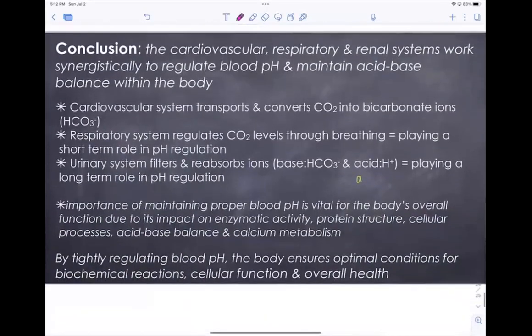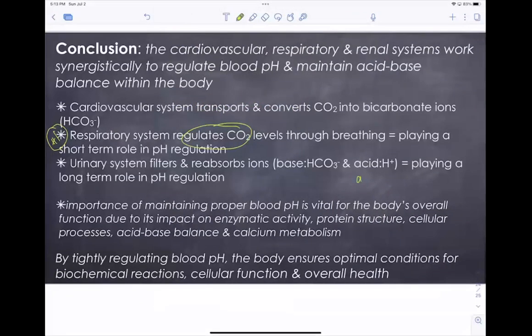So when you're wrapping this all up, in conclusion, it's important to understand these three systems are working together. The respiratory system, I would say, is kind of number one. It's controlling how much carbon dioxide is making it into the blood.